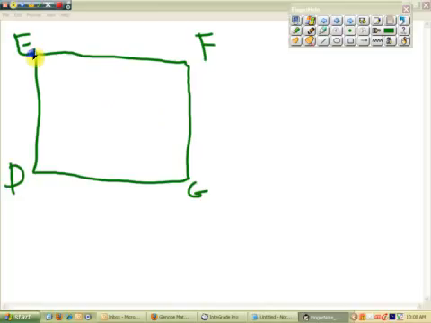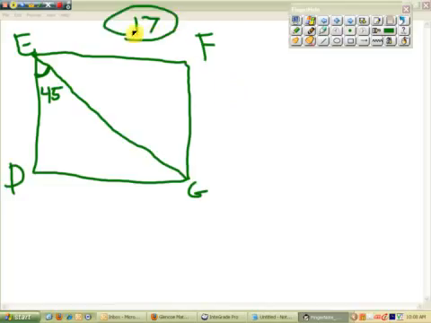Well, DEG does not exist in this state, but if you put a line here, then you do have a measurement of DEG. And DEG must be 45 because angle E, the total angle, is 90. So we're talking about half of it. So for number 17, the answer is 45, which is B.